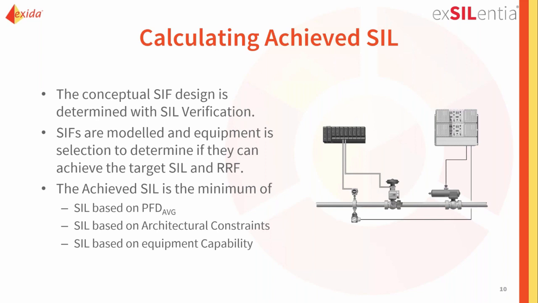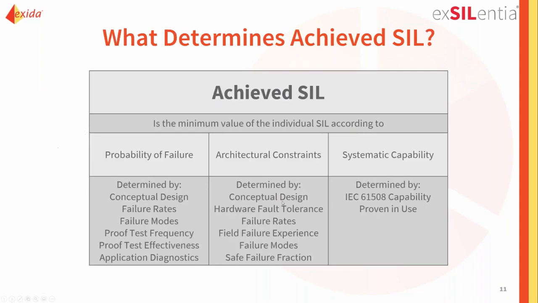There is a SIL level based on equipment capability or systematic failure integrity, basically. And exSILentia in the SILver module does take care of all those individual components. And here's just a simple overview of the different parameters that are impacting the respective SIL levels.